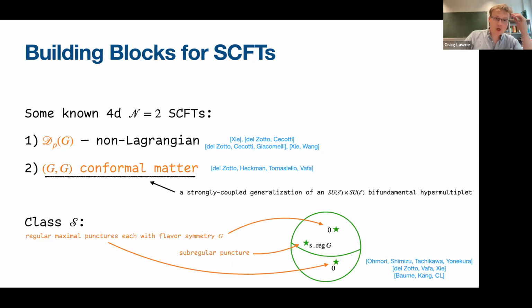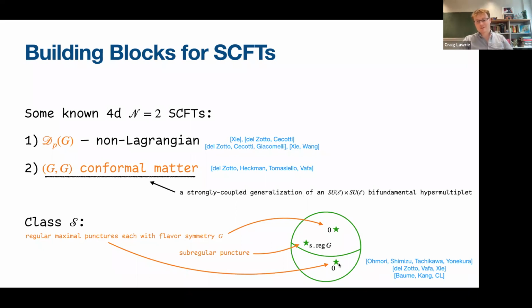The other building block that we will consider is called a GG conformal matter. This is a strongly coupled generalization of just an SU(N) gauge theory with fundamental hypermultiplets. I'll explain this a little bit more later on. This is also a theory with a class S construction. It has two regular maximal punctures now.